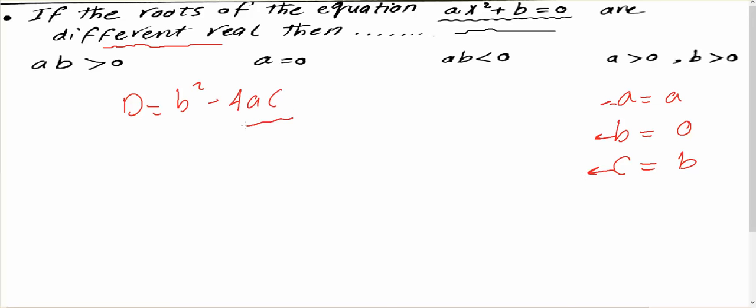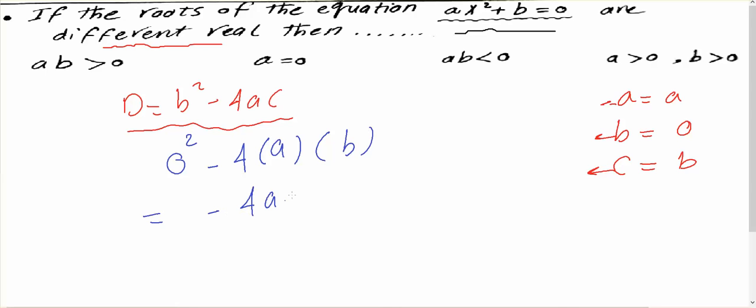Discriminant: b squared equals 0 power 2 minus 4 times a times c, which equals negative 4ab.